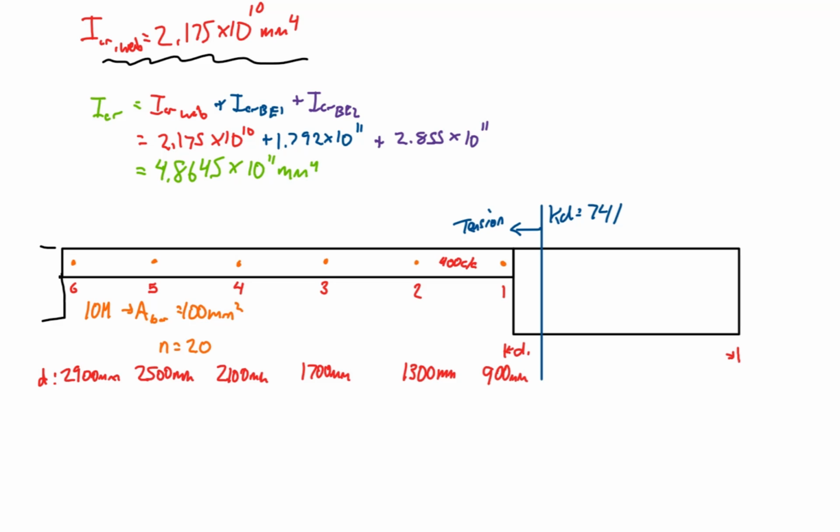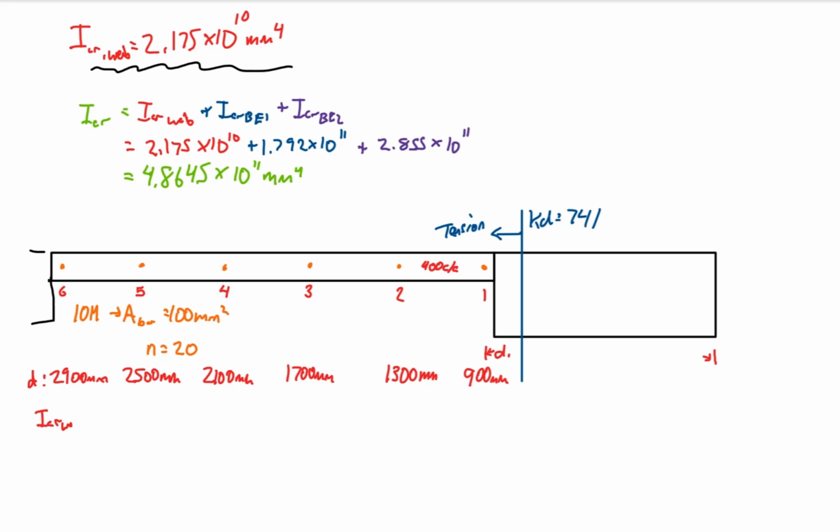We're really concerned about that AD term. Looking at the parallel axis theorem, how do we take a moment of inertia measured about the bar and translate it to being measured about this KD location? The way we do that is with AD squared. So for each of these, starting with bar 1, ICR web, I'm just going to do S1.